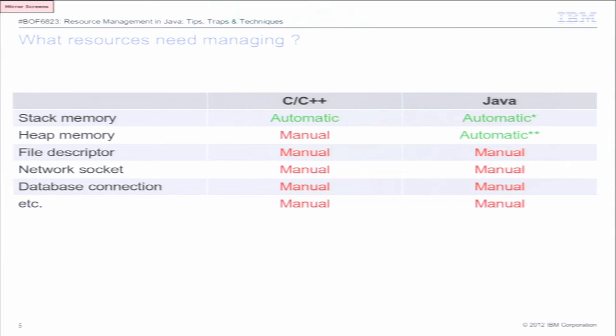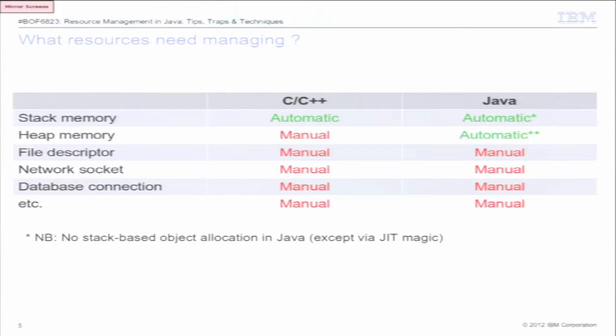But for other artifacts which are in the system, such as file descriptors, network sockets, database connections, and lots of other things, kind of anything you can really imagine, there needs to be some extra intervention, both in the C++ world, but more interestingly for us, in the Java world.